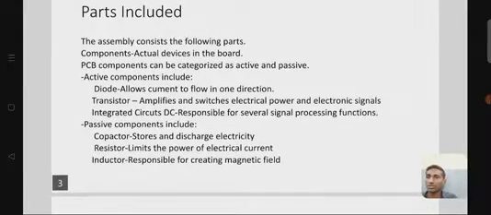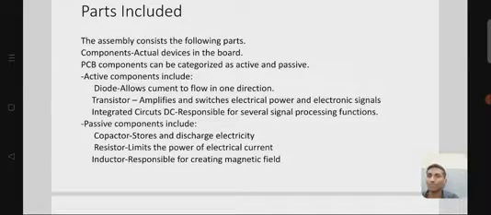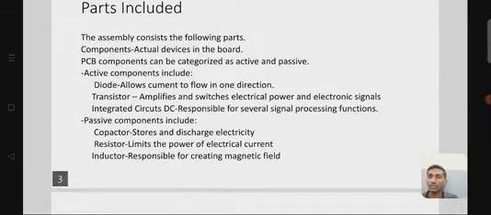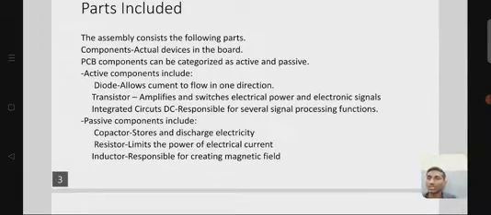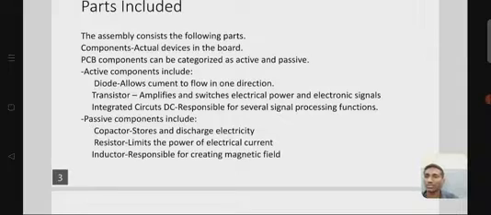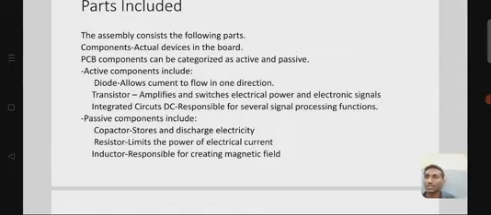Active components include the diode, which allows current to flow in one direction, the transistor, which amplifies and switches electrical power and electronic signals, and integrated circuits, ICs, which are responsible for several signal processing functions. The passive components included in PCBs are capacitors, which store and discharge electricity, resistors, which limit the electrical current, and inductors, which are responsible for creating magnetic fields.